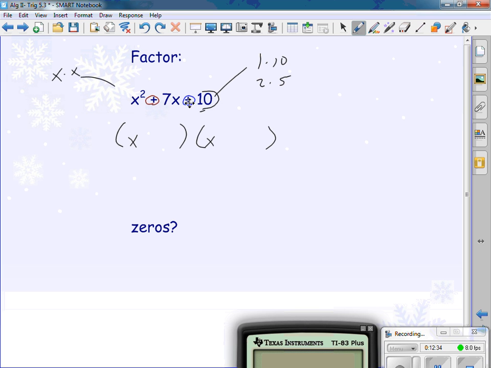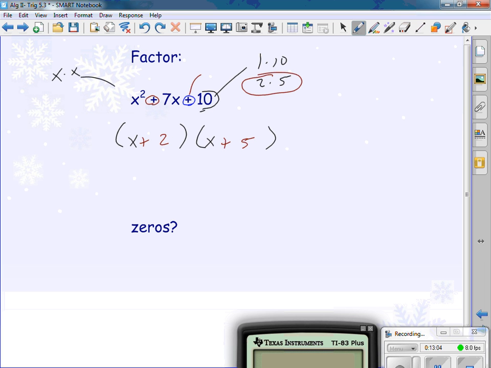So I need 2 signs that are the same, and they both have to be positive. This sign right here tells me if they're the same or if they're different. This here told me it was positive. So what 2 numbers multiply to get me 10, but add together to get me 7? 5 and 2.